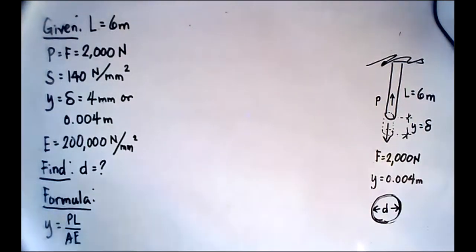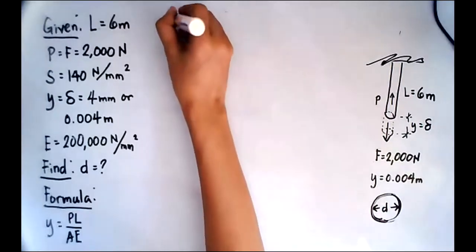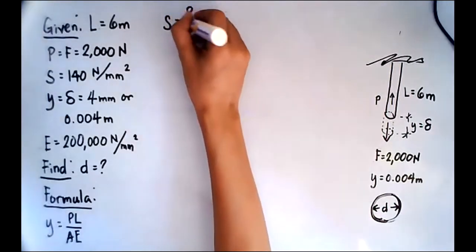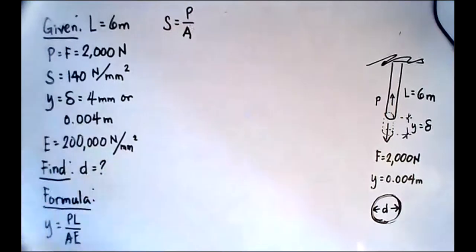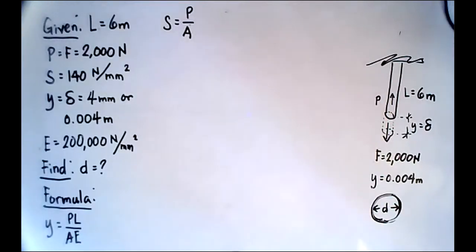We have the formula for stress, which is equals to P over A. And since we have a circular cross section, then that means we are going to use the formula for a circular cross section.